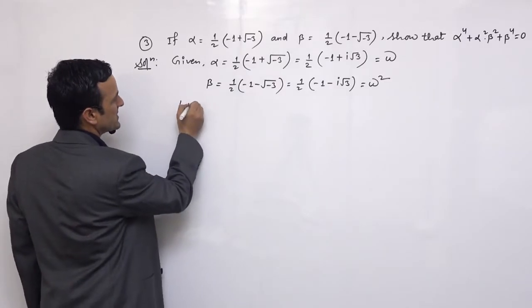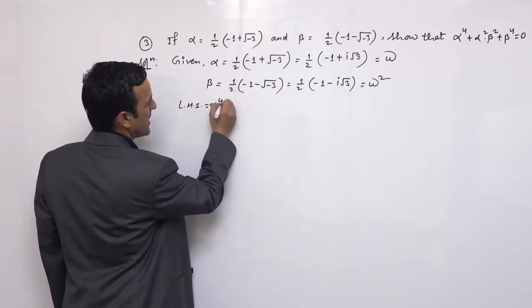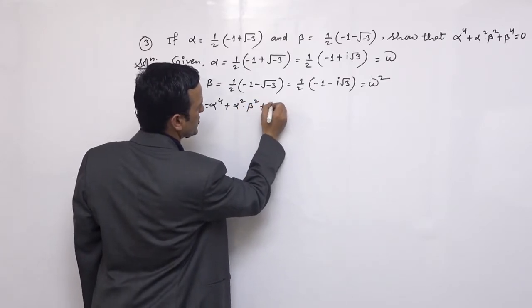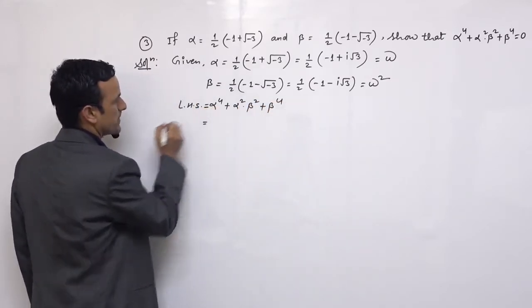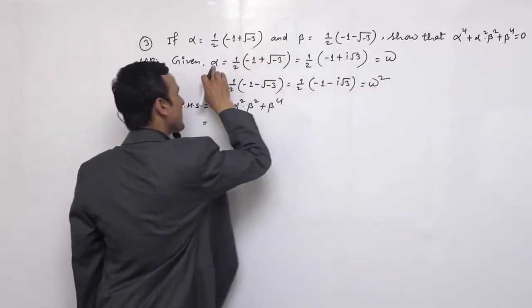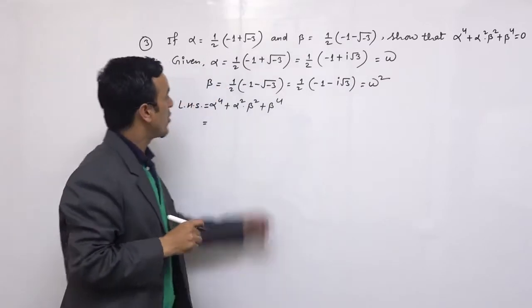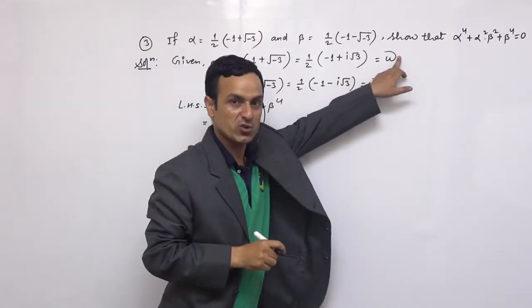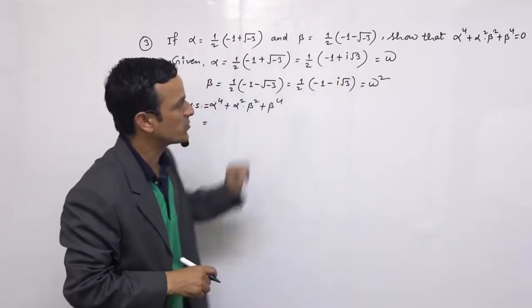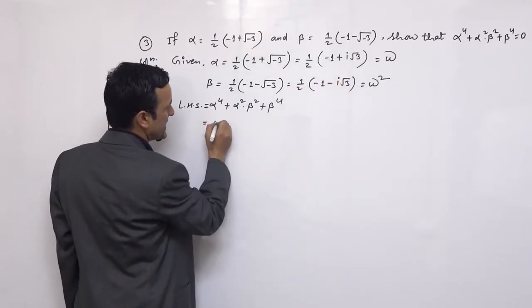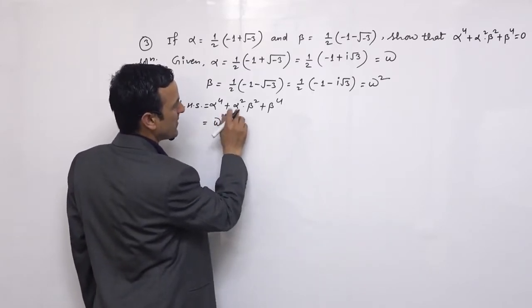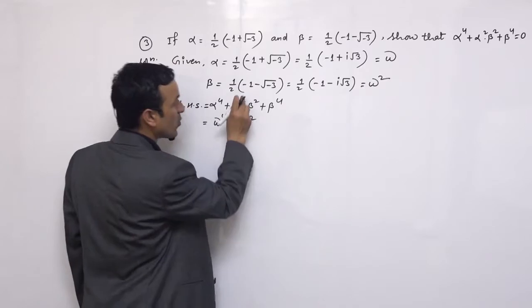So we can change the LHS: alpha power 4, alpha square, beta power 4. So write down the value of alpha. Alpha means omega, so in place of alpha we can put omega, and in place of beta we can put omega square according to the information. So alpha is omega, so write down omega power 4. Here is also alpha, so write down omega, and the square is here.